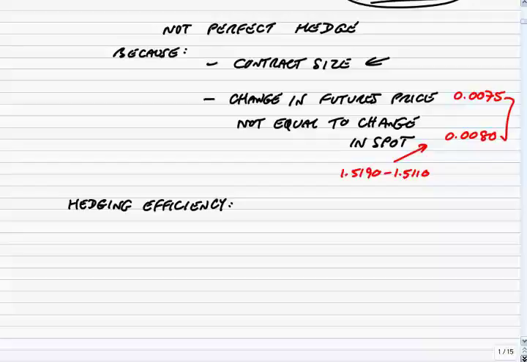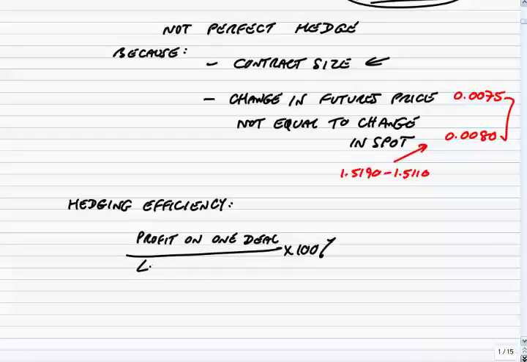But if you go straight to page 108, example 12, I'll come back to the others later, but example 12 says calculate the hedging efficiency. And the hedging efficiency, to see how well they match, we take, now it looks a bit strange this, let me write it and then explain what I mean. It's the profit on one deal as a percentage of the loss on the other deal.